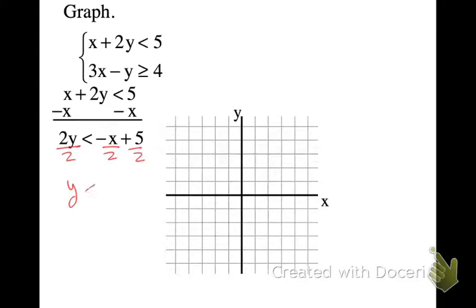So y is less than negative 1 over 2x plus 5 over 2. Or we could say, my m equals -1 over 2, my b equals 5 over 2, or 2.5. So I can plot that in the middle.